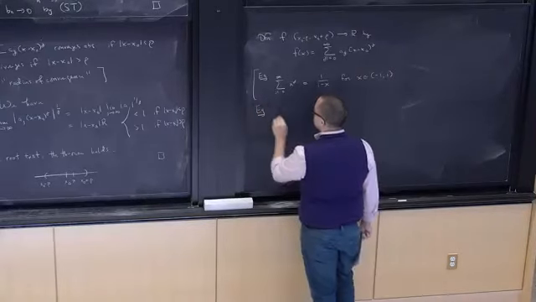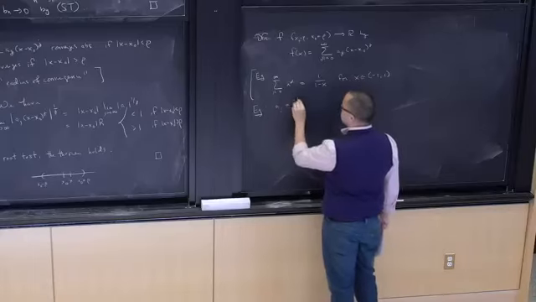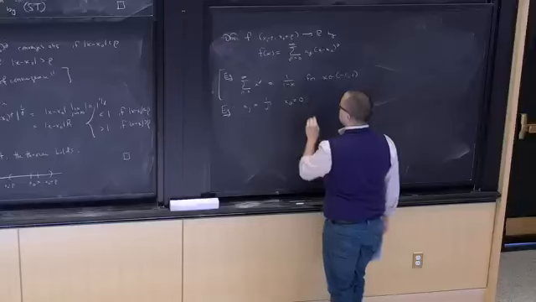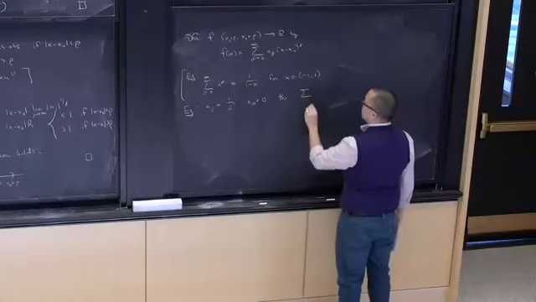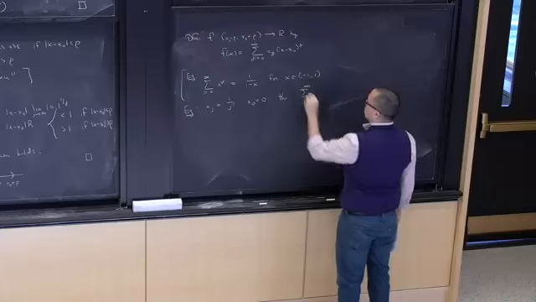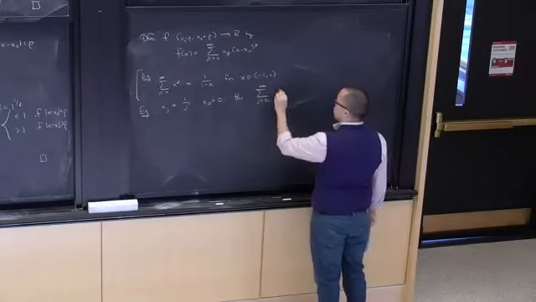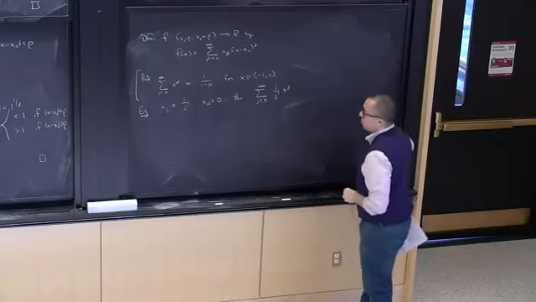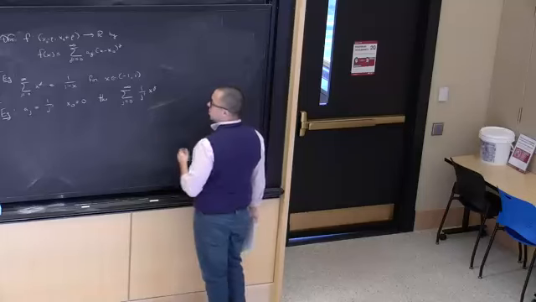Another example is that if I take a sub j equals 1 over j factorial, x naught equals 0, then you've done in an exercise that this series converges absolutely for all x, meaning rho equals infinity.